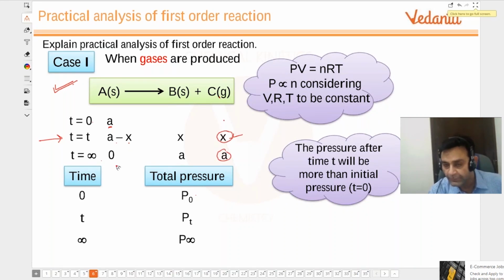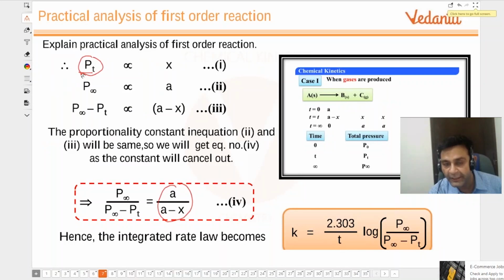At infinite time, A is the concentration, and the pressure at infinite time will depend upon the value of A. Right? Now, I say the pressure Pt is directly proportional to the X formed. Pressure at infinity depends upon A, and P infinity minus Pt is equal to A minus X. So instead of writing A upon A minus X, I'm just putting here P infinity minus Pt.